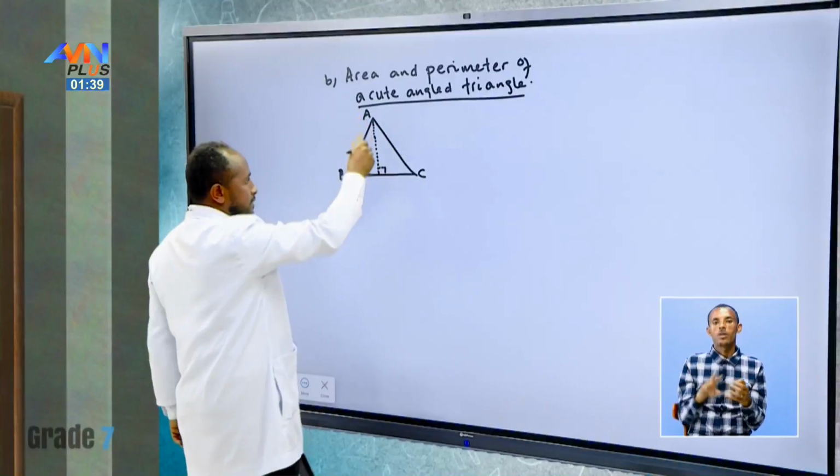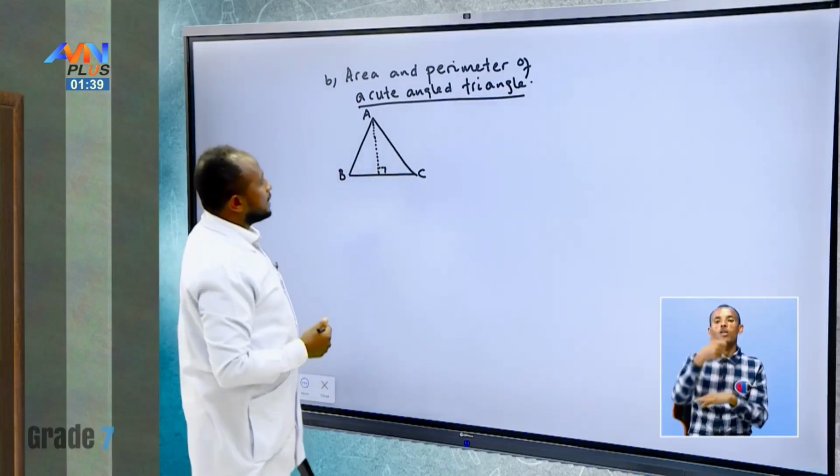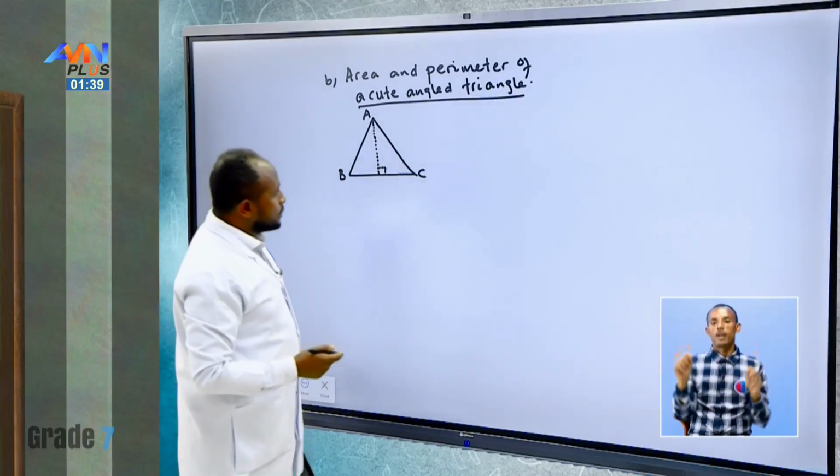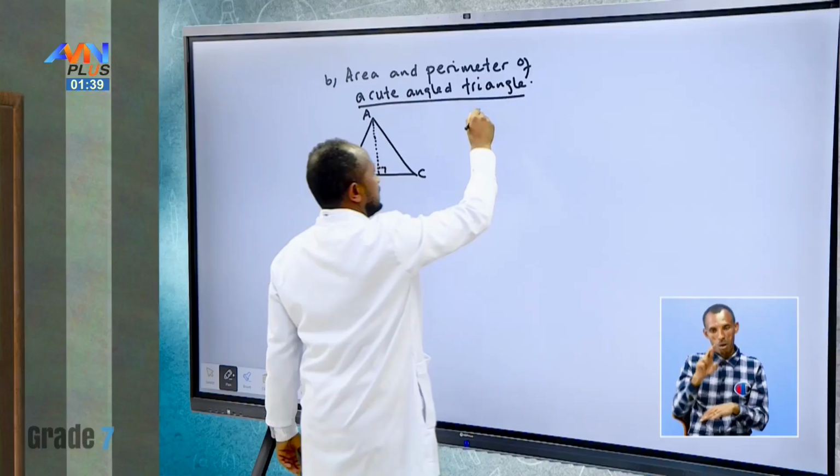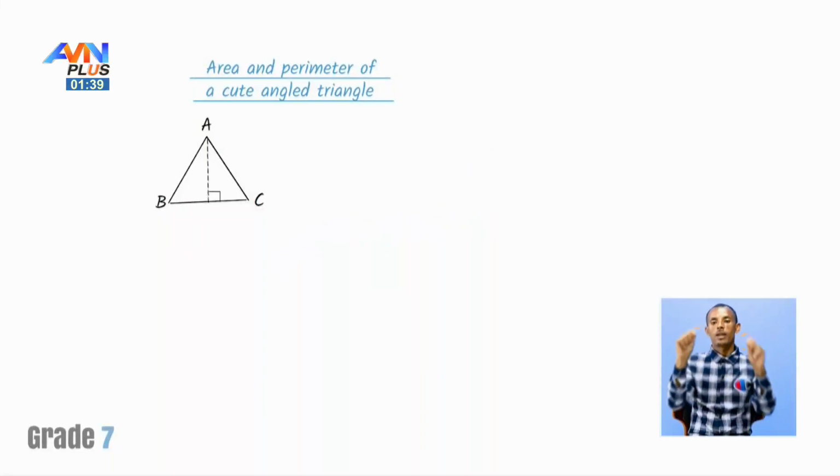So we call this an altitude or height of this triangle. Let me write this definition.